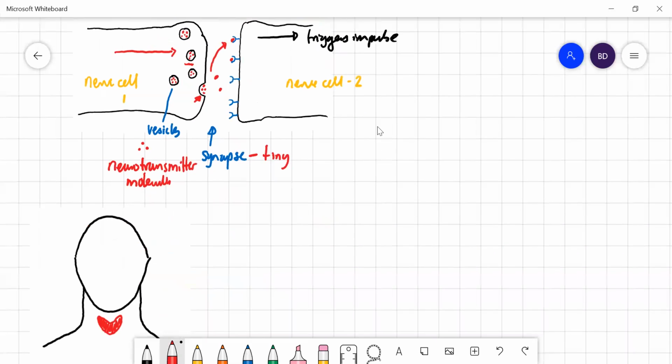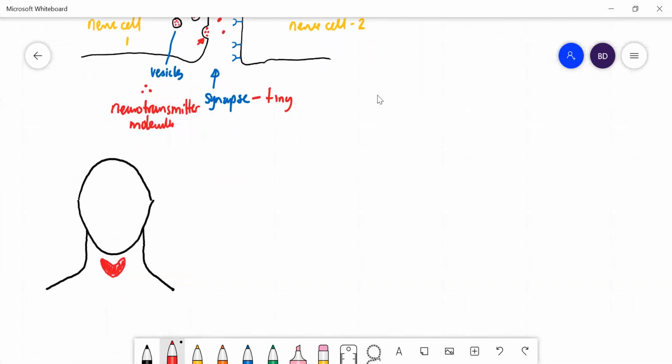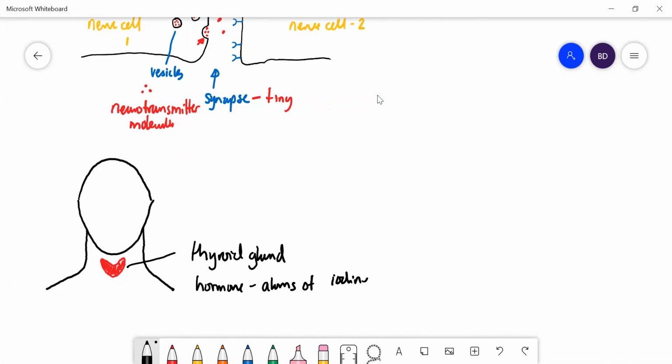Right, we've got one more example here of active transport. What I've drawn here is actually the thyroid gland, which you don't need to know about for GCSE. The thyroid gland makes a hormone called thyroid hormone. And thyroid hormone is very unusual, it has atoms of the element iodine incorporated into its structure.